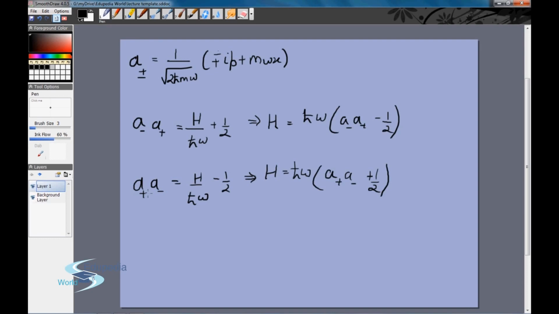Another thing this tells us is that when you take the commutator of a minus and a plus, that is a minus a plus subtracted by a plus a minus, these two will cancel, we'll get 1. So a minus and a plus are what we call the raising and lowering operators, and have this nice relation that their commutator is equal to 1.